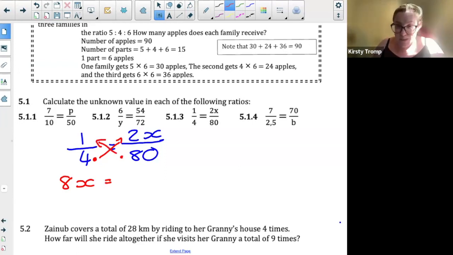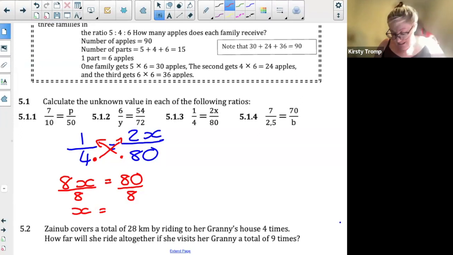So 80 times 1 gives me? 80. Cool. Now, do I want 8x? No, I just want x. So how do I get x all by itself? I must divide by 8, and whatever I do to that side, I must do to the other side. Awesome. So I'm left with x, and what's 80 divided by 8? 10.